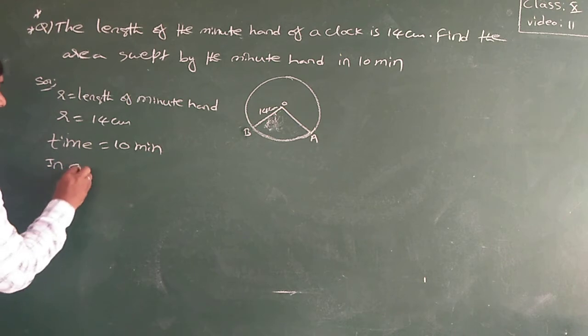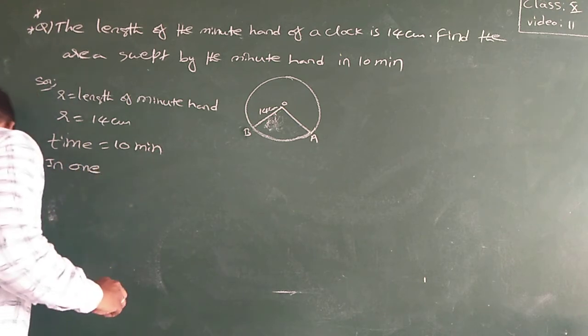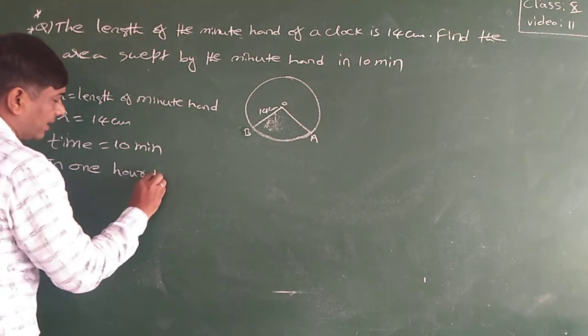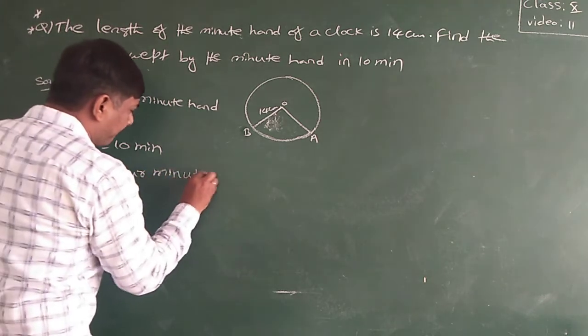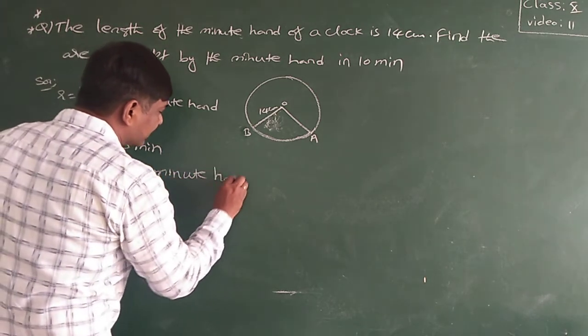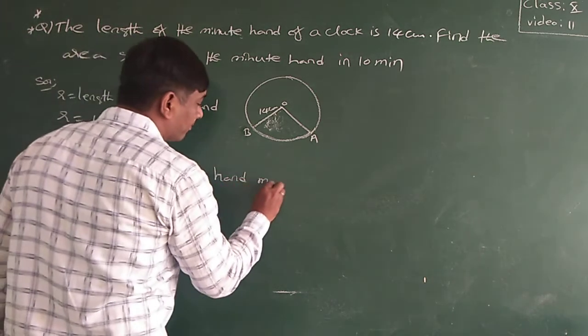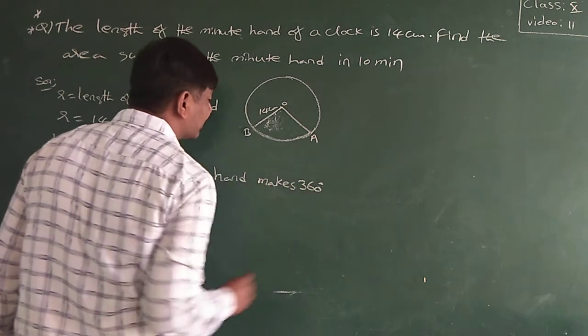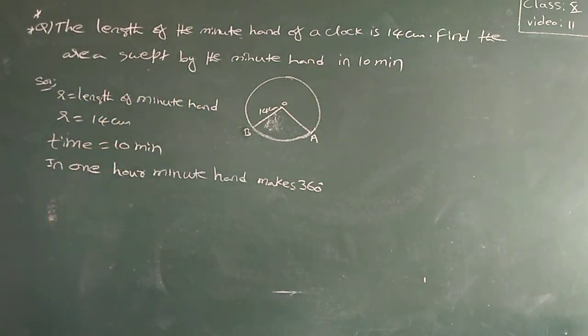In 1 hour the minute hand makes 360 degrees. But here how many minutes? 10 minutes.